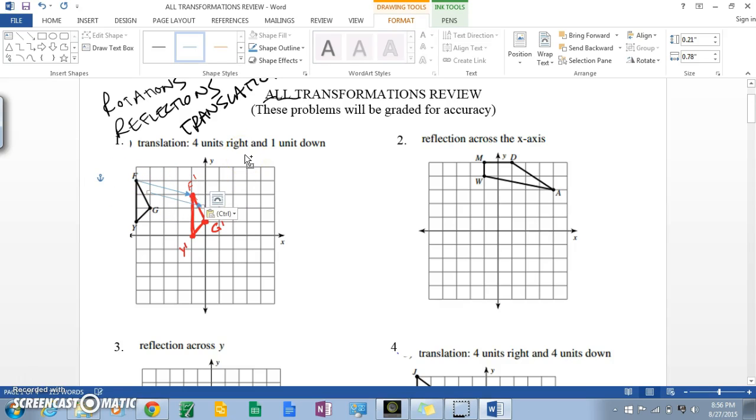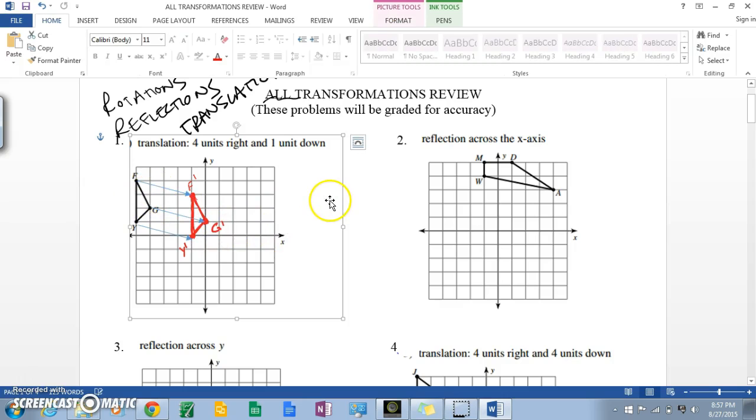And I could have that arrow 3 different times. It would be the same distance each time. That arrow is just moving all of our shapes down. Okay, translation.